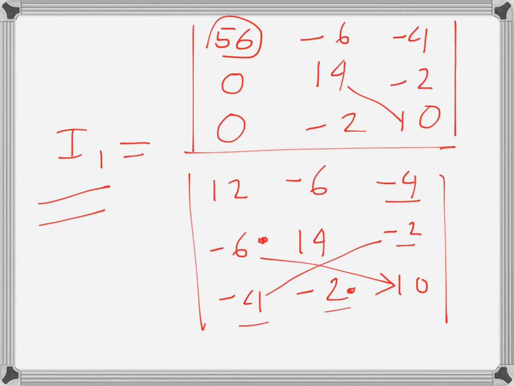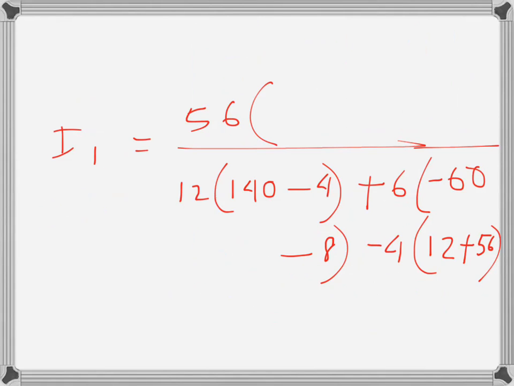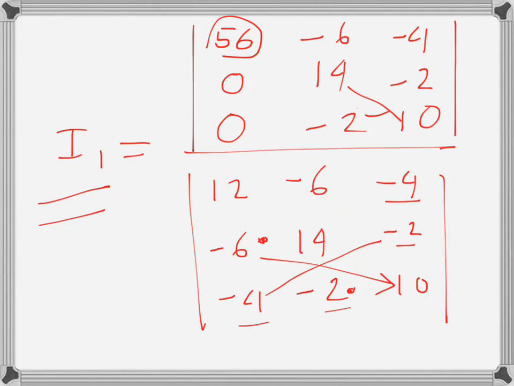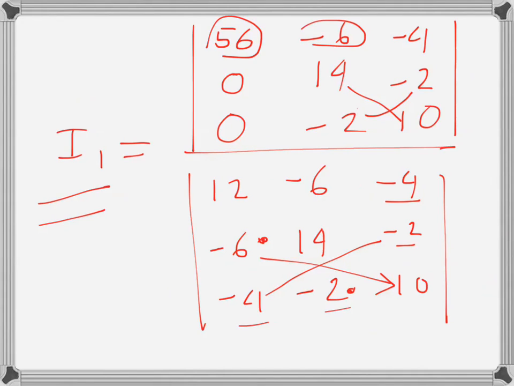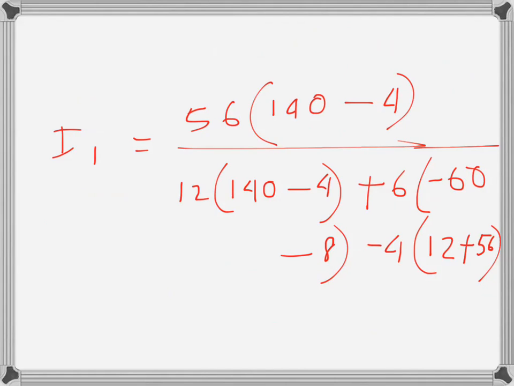The numerator will be just 56 times 14 times 10, so that's 140, minus negative 2 times negative 2, which is positive 4. And the other two terms have a 0 multiplied, so they become 0.